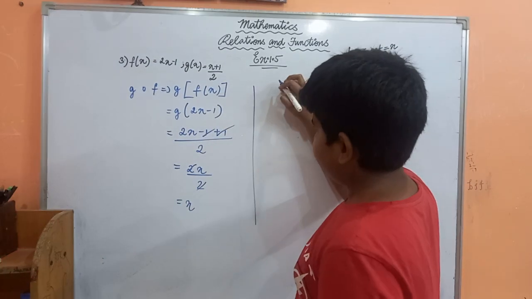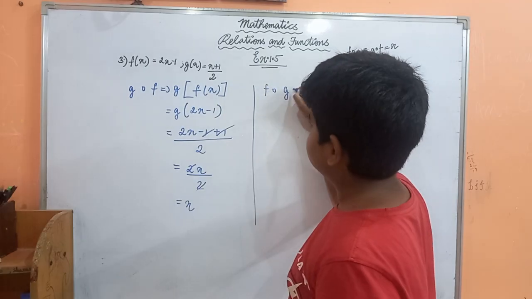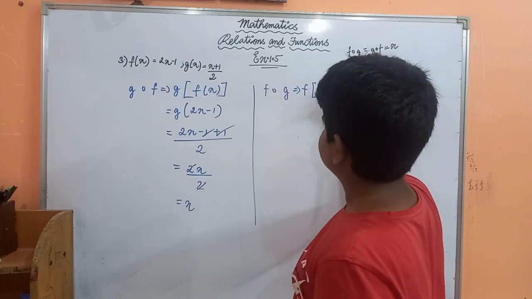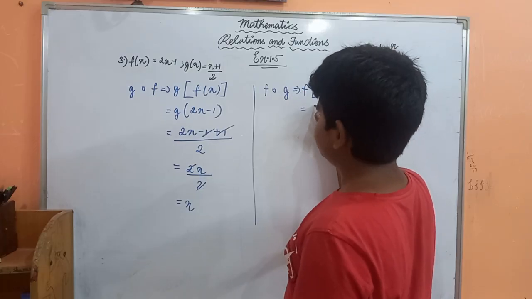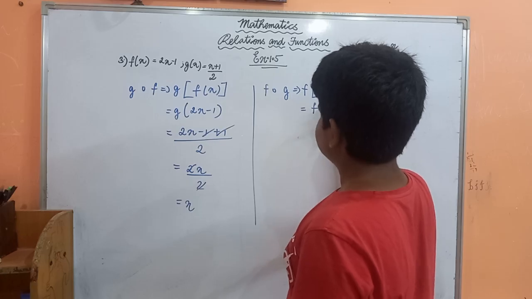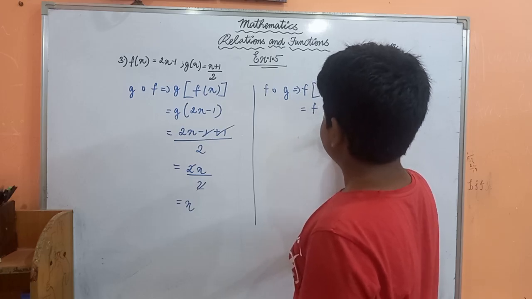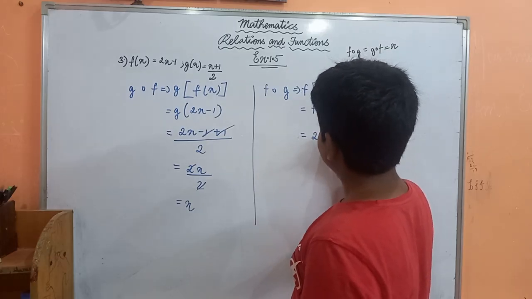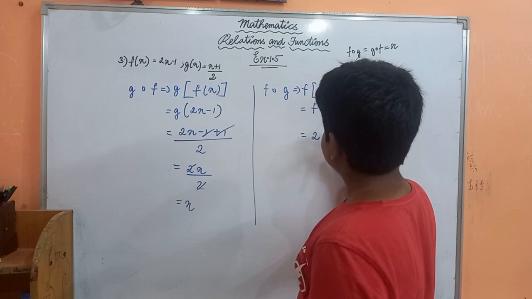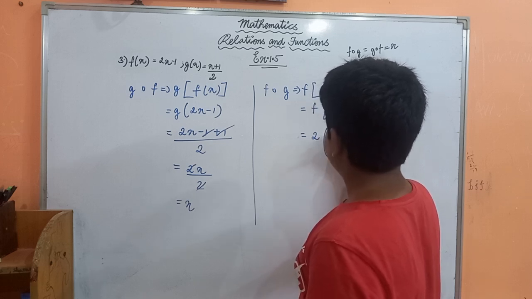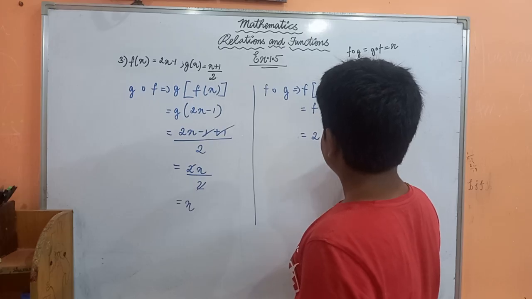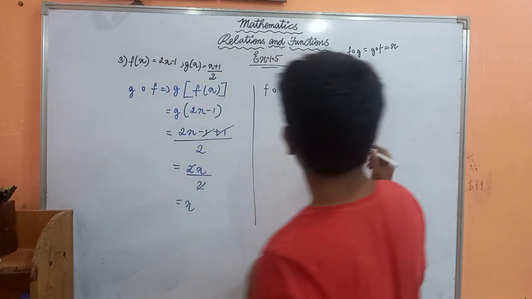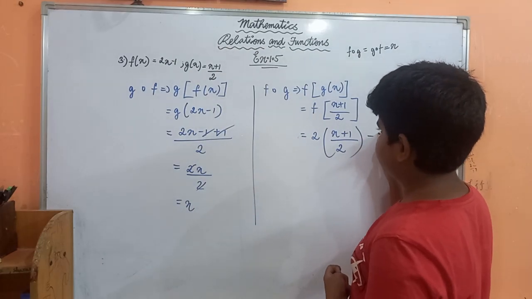Then f dot g. F, so straight away f dot g of x will be f of, so this is a fraction, we'll put this type of bracket. So f will take 2 of x plus 1 by 2 minus 1.